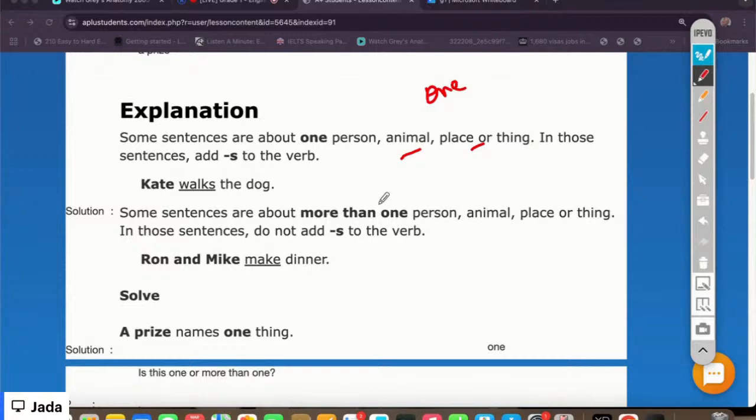In those sentences, you need to add s to the verb. When the sentence is all about one person, animal, place, or thing, you have to add s to the verb.